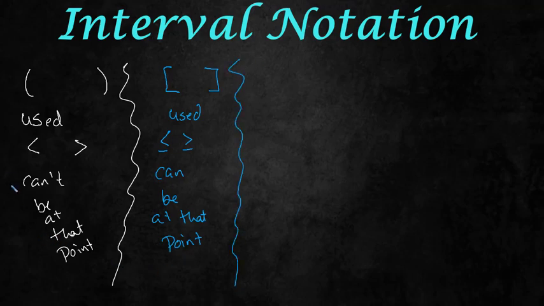And then two other things we'll have. If you ever have a positive infinity, it has to be connected to a closed or open parenthesis. And that means it goes forever in the positive direction.